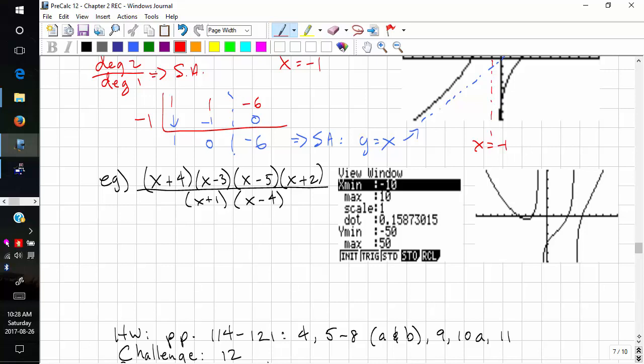Let's look at the next problem. Okay, again, this is all factored out for us. No common factors. This is vertical asymptote. And we have x equals -1, x equals 4.